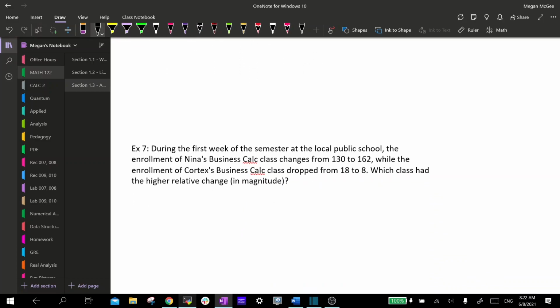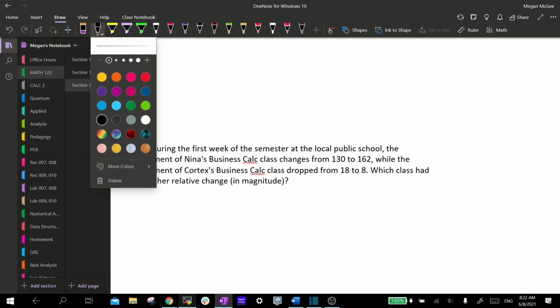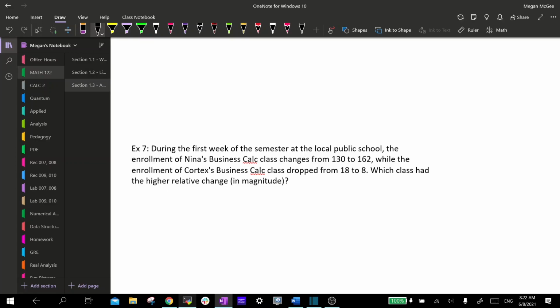Example 7. During the first week of the semester at some local public school, the enrollment of Anina's business class went from 130 to 162, while Cortex's class dropped from 18 to 8. Which class had the higher relative change in magnitude? Maybe right off the bat you're thinking, well, 32 is a much bigger number than 10, so obviously Anina's class changed more. But what we're not taking into account is the change relative to the number of students she already had.